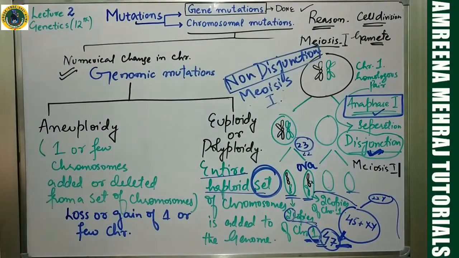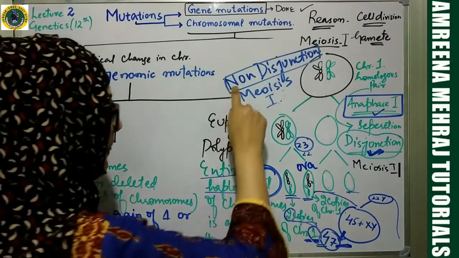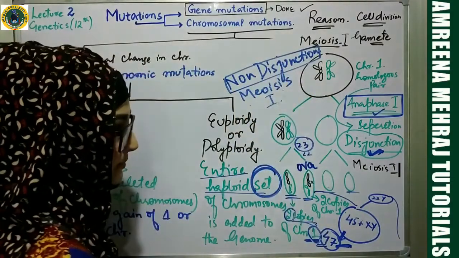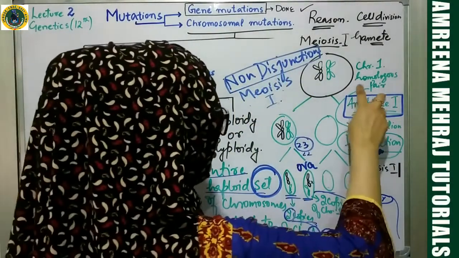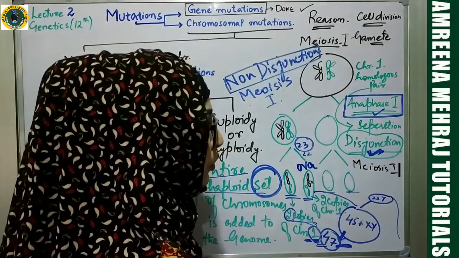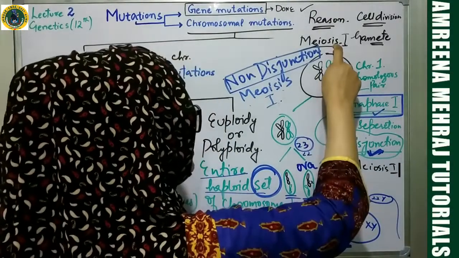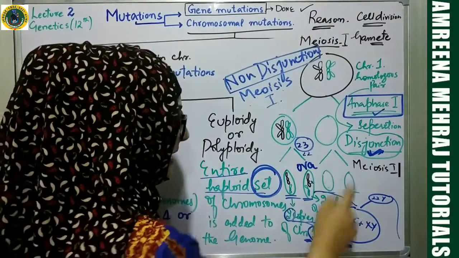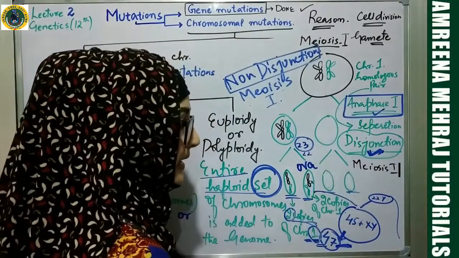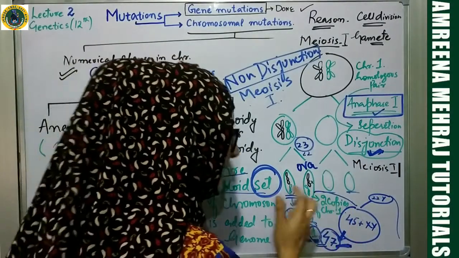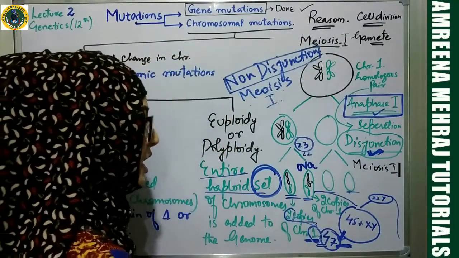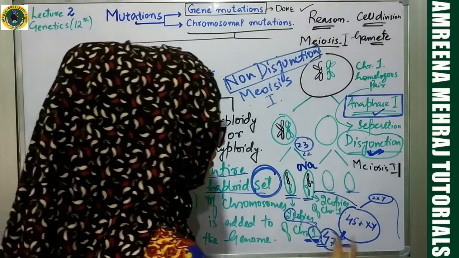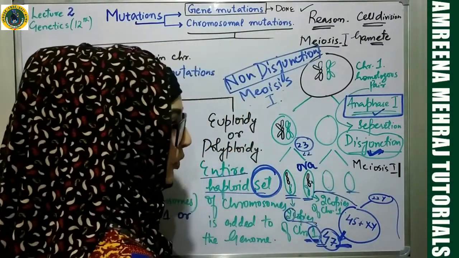In a nutshell, my dear students, you have to remember that non-disjunction of homologous pair of chromosomes during meiosis 1, specifically anaphase 1, results in faulty gametes, gametes which have more or fewer chromosomes.